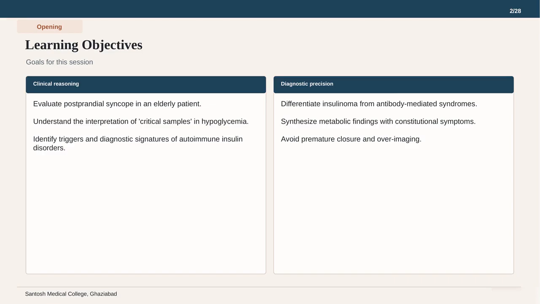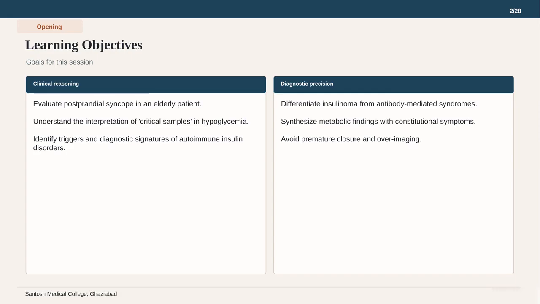Moving to the right column, our diagnostic goals focus on differentiating an insulinoma from antibody mediated syndromes. We also want to synthesize metabolic findings with constitutional symptoms like weight loss and crucially avoid premature closure and over-imaging. These objectives will guide our evaluation as we navigate the nuances of this patient's presentation.